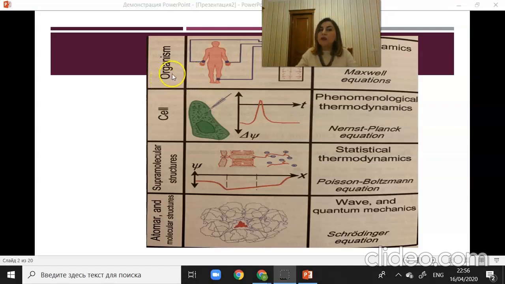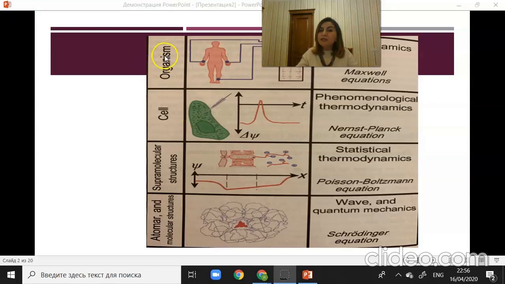The term structure must be used in a very broad sense, not limited to visible details of biological structure. In fact, it can be defined as the distribution of particular properties, physical parameters like temperature, concentration, pressure. The electrical structure of the human organism can be taken in terms of a scalar quantity like potential difference.